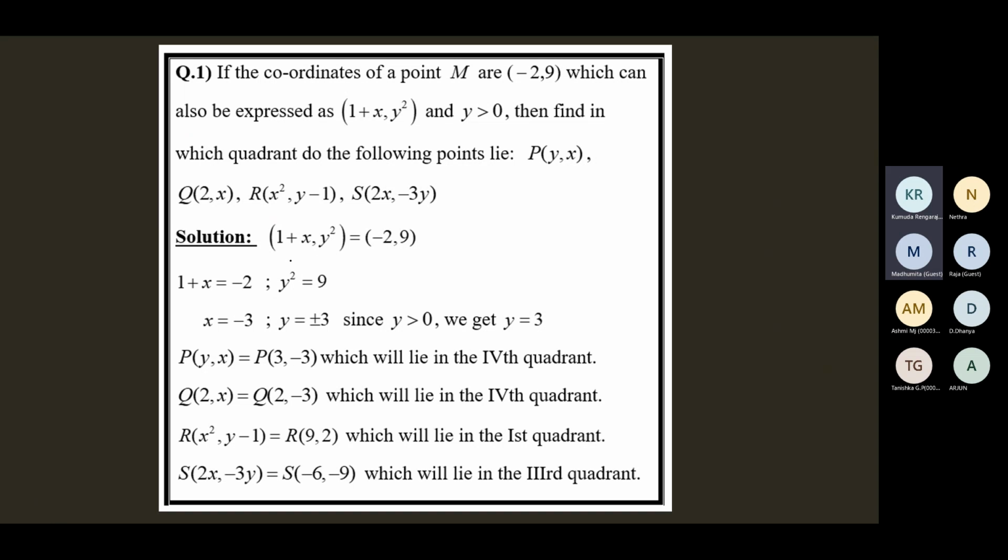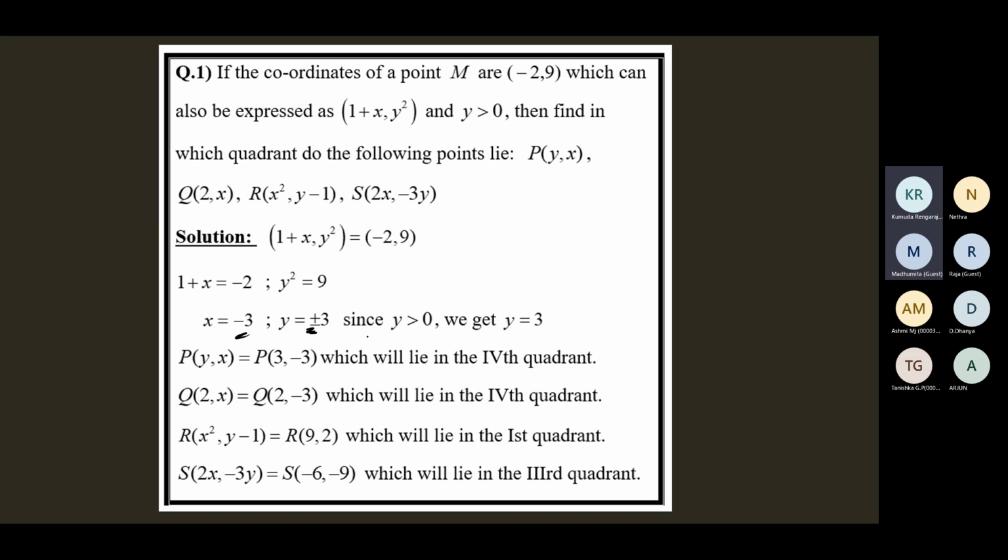You can see the answer here. It's given that this one is equal to this. So that means 1 plus x is equal to minus 2 and y square is equal to 9. On transposing, this plus 1 comes to the other side as minus 1, so x is equal to minus 3. Y is plus or minus 3 because y square is 9.